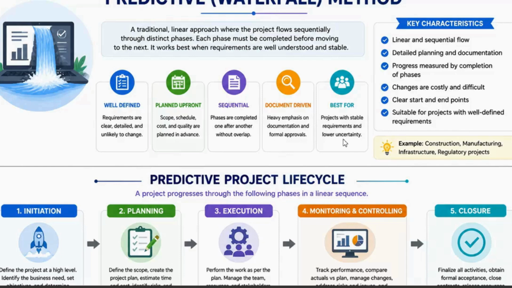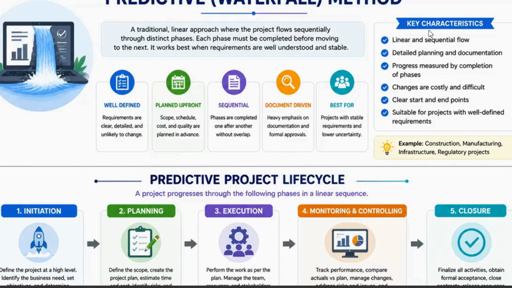Uncertainty is obviously there in every plan we do, but still, if I'm planning to build a home like this, it should turn out like this. So lower uncertainty, not no uncertainty, but lower uncertainty.